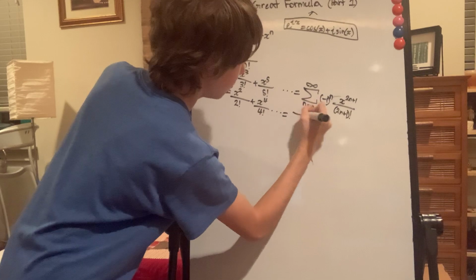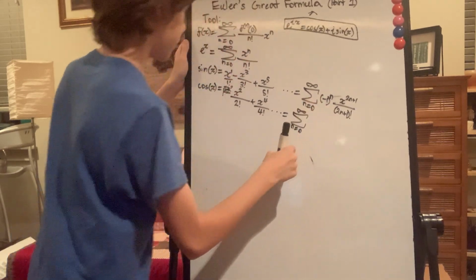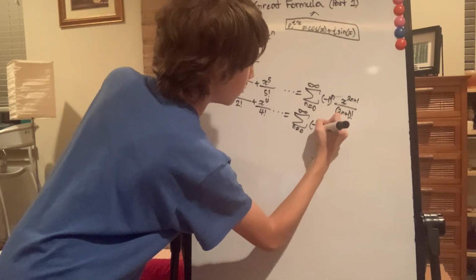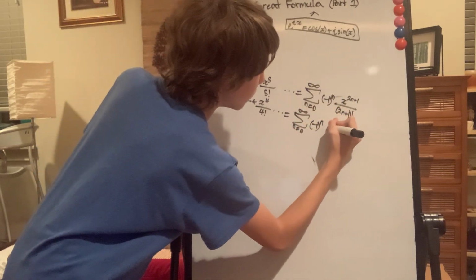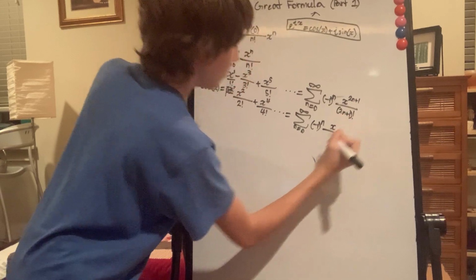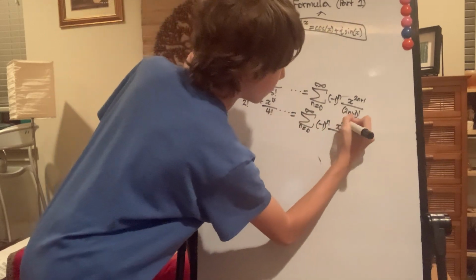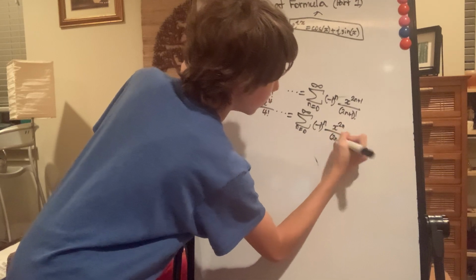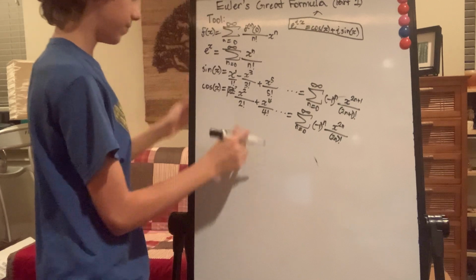You can easily see this is going to be negative 1 to the nth power as we had here, but this time we have even powers, so we have x to the 2n over 2n factorial.